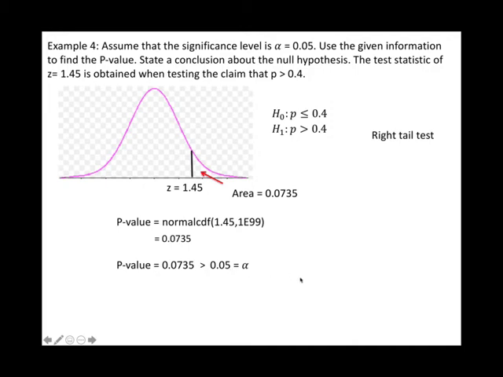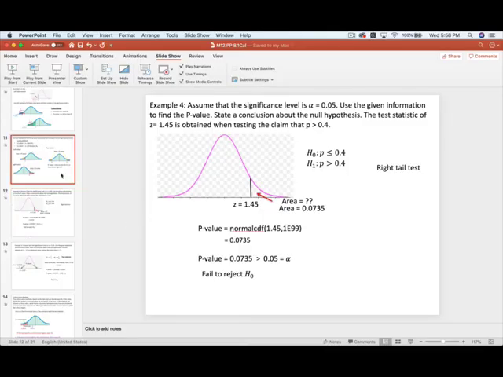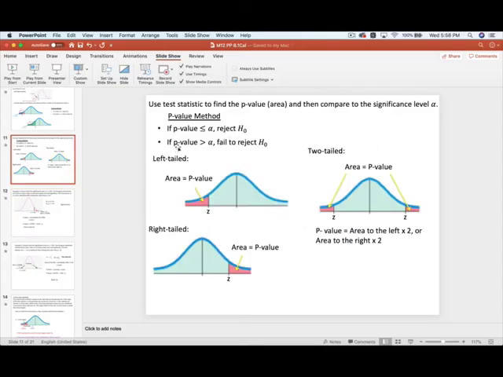When the p-value is greater than the significance level, do you reject or fail to reject? Fail to reject, right? Look at here. Okay, when the p-value is greater than the significance level, you're going to fail to reject. One more time, highlight this part. You guys need to remember this.